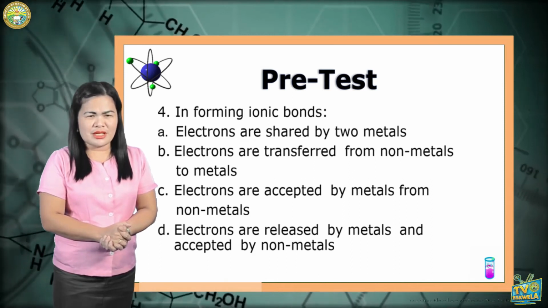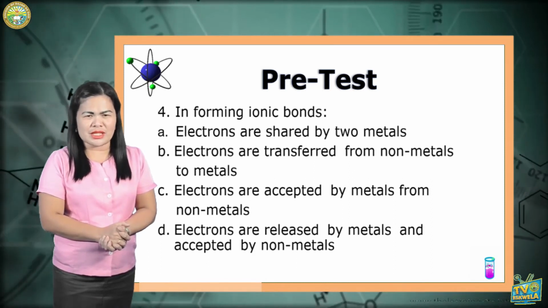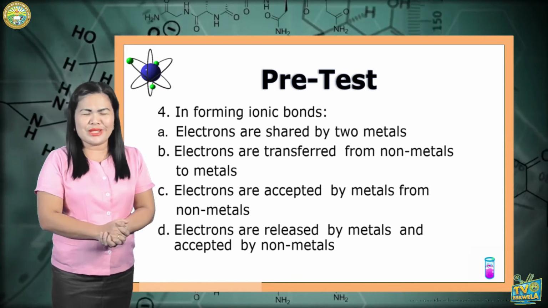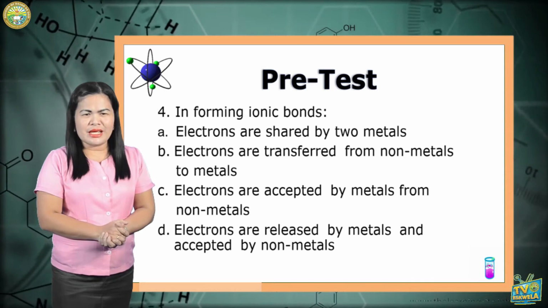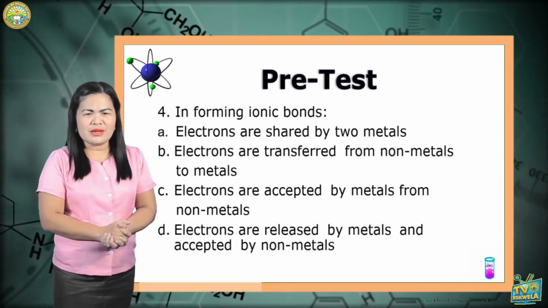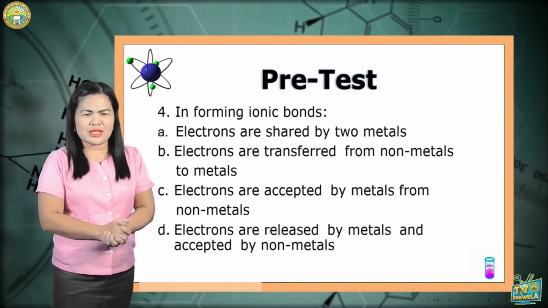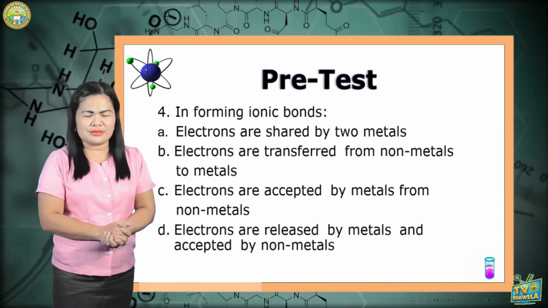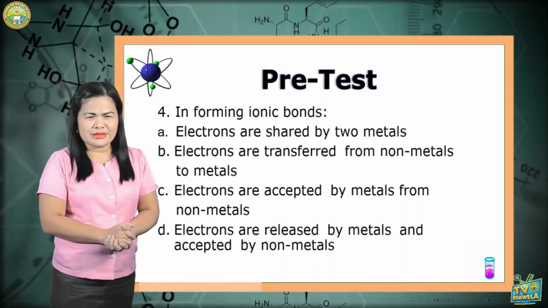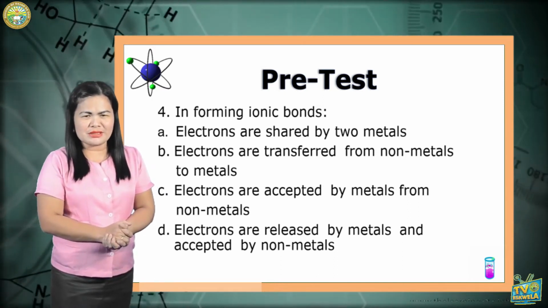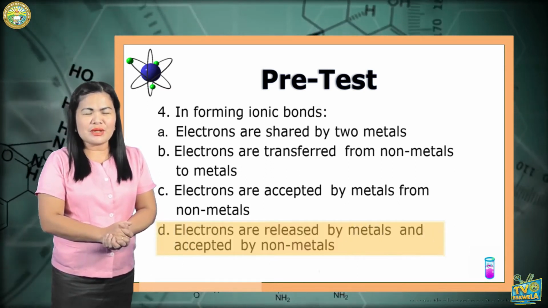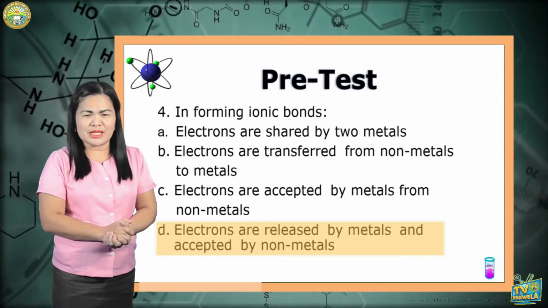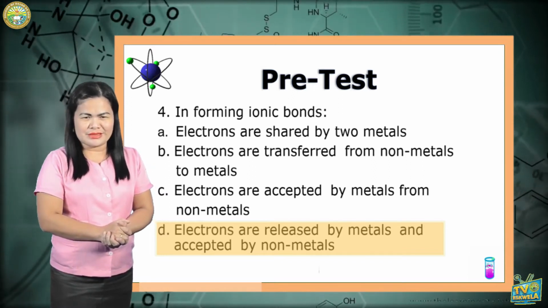C. Electrons are accepted by metals from non-metals. D. Electrons are released by metals and accepted by non-metals. The correct answer is D. Electrons are released by metals and accepted by non-metals.